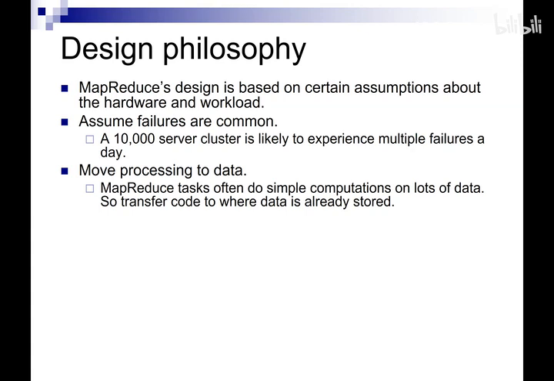Instead, if we need to do a computation on that data, we send the computation to that computer. That computation is just a small piece of code, so we send that small piece of code to the computer, and that computer can run the code on its data, and it never needs to move that data to another computer.